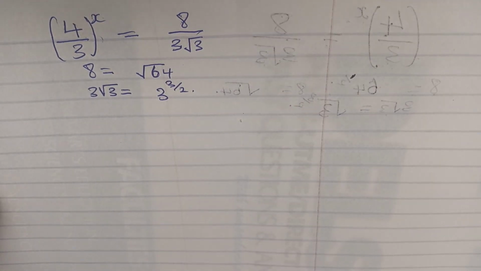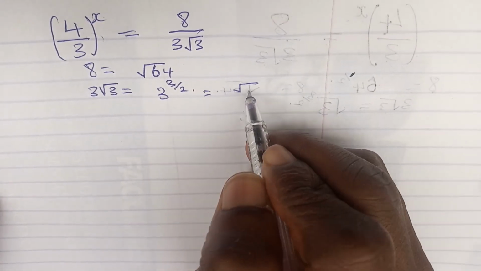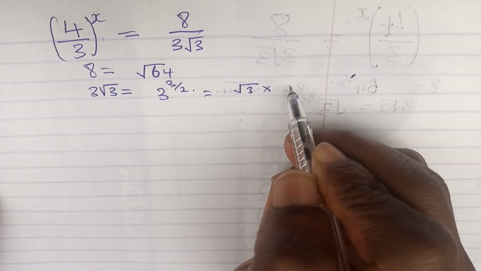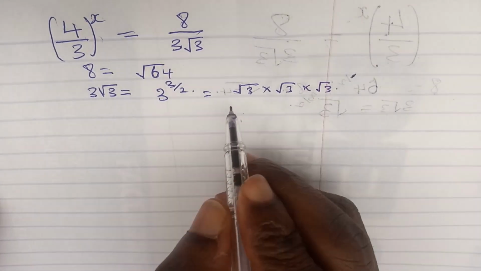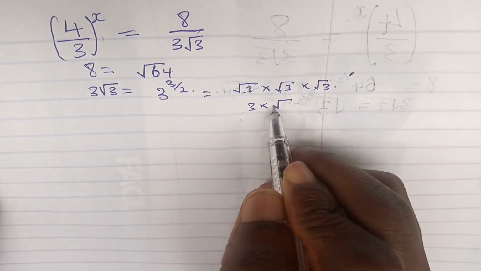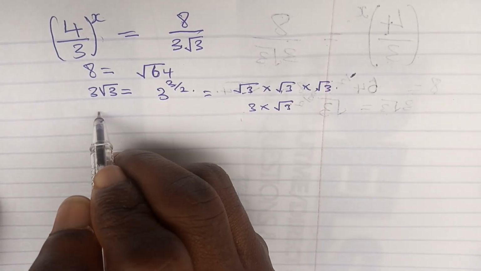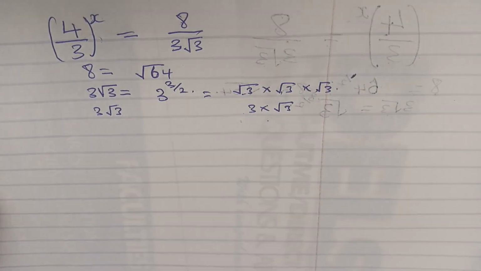What do we mean by 3 to the power of 3 over 2? It is also equal to root 3 times root 3 times root 3. If you multiply this with this, it is going to give us 3. Then multiply it with this, it is going to give us 3 root 3. So we are now coming back to 3 root 3.